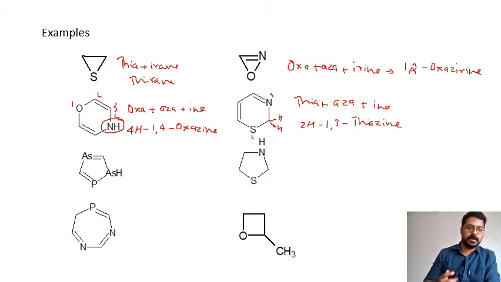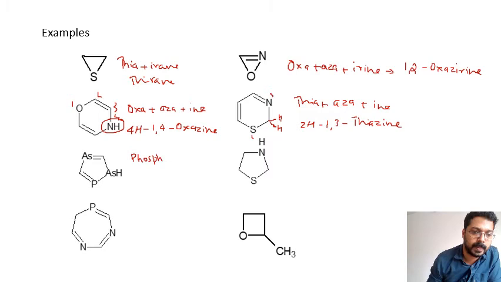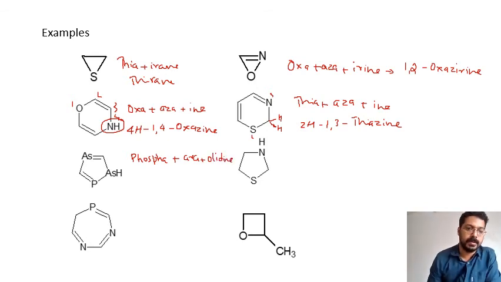If you take a compound with phosphorus and arsenic, by preference the first will be phosphorus. So the prefix is phospha plus arsa, and without nitrogen, for the unsaturated 5-membered ring, the ending is ole.